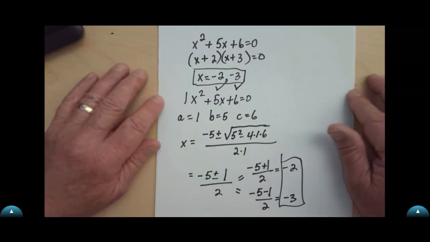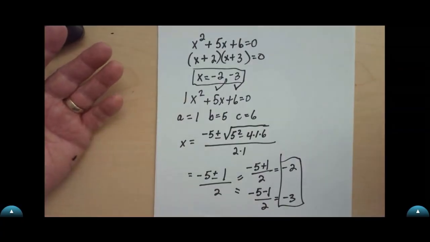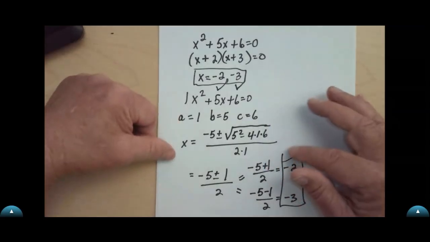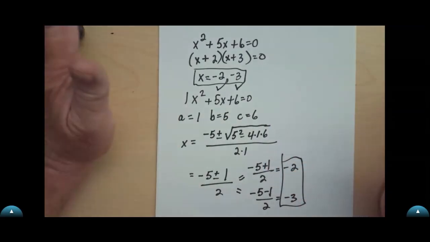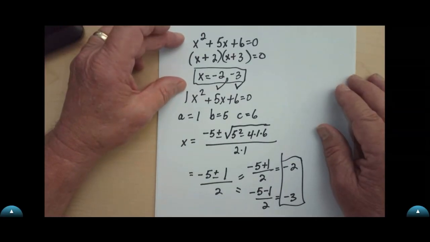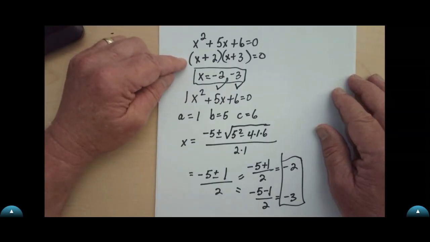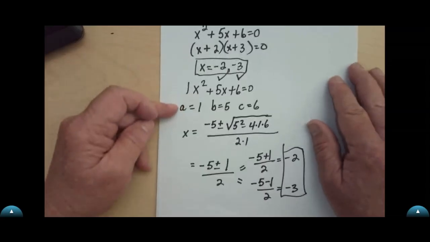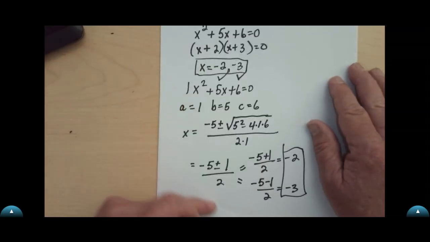And sometimes, even if I was good at factoring, I couldn't factor it because it can't be factored. So I'm just going to use the quadratic formula every single time. I know students say that. Some do. But look at this problem. We solved it by factoring. Super easy to factor. Super quick and easy to find the solutions versus the quadratic formula.